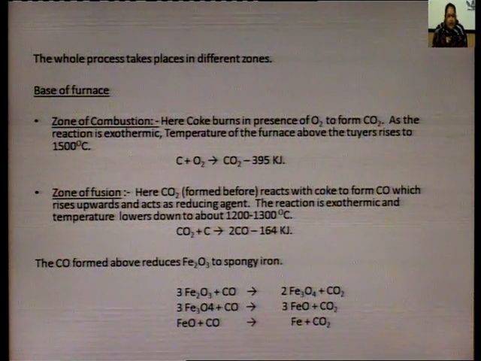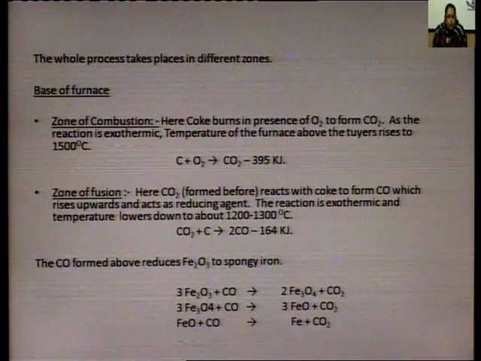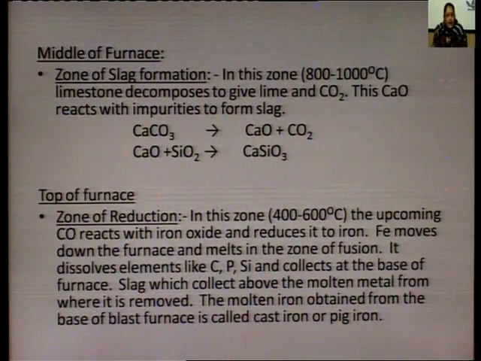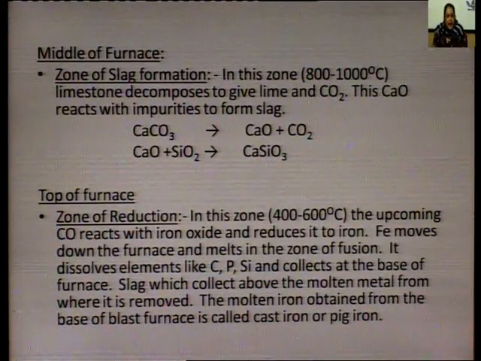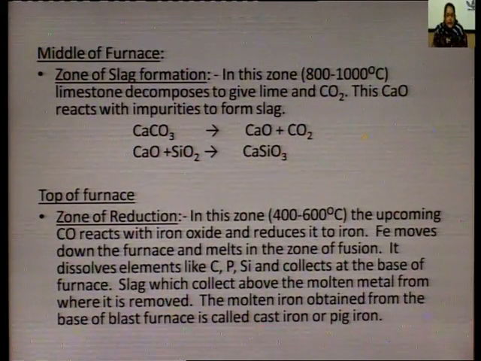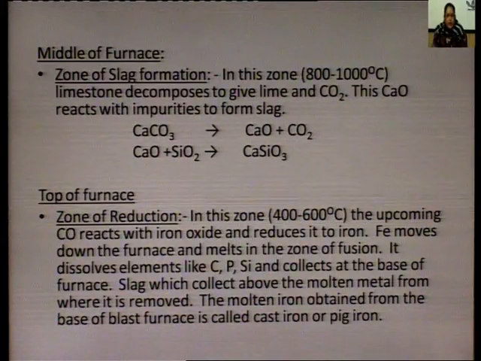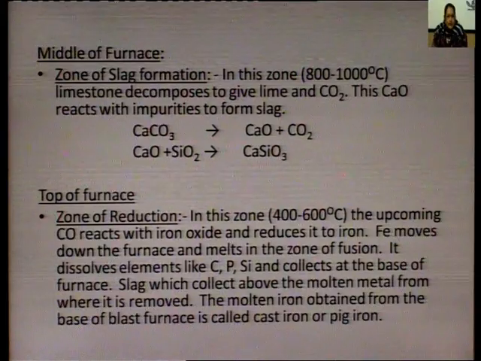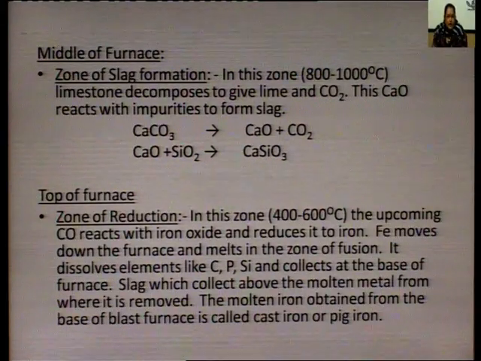The carbon monoxide which rises upwards reduces the Fe2O3 to spongy iron, and the iron moves down the furnace and melts in the zone of fusion, where the temperature is approximately 1200 to 1300 degree centigrade. It also dissolves elements like carbon, phosphorus and silicon along with the iron and collects at the base of the furnace below the slag.